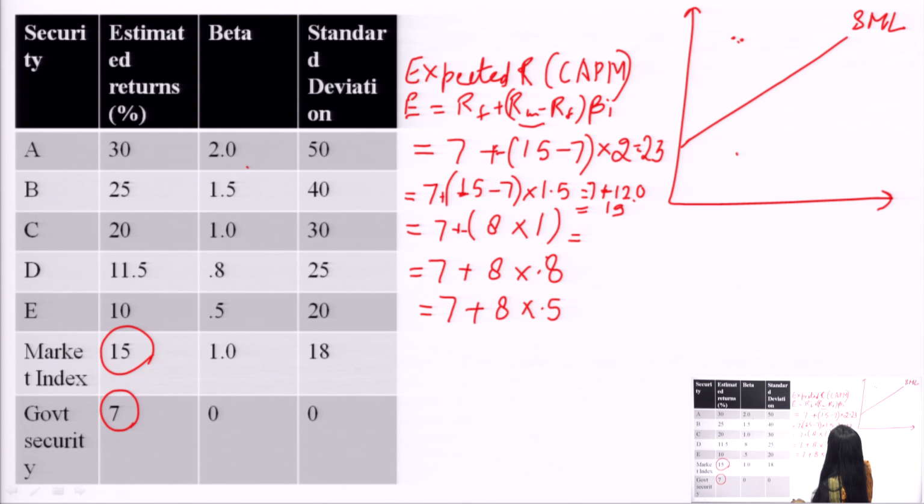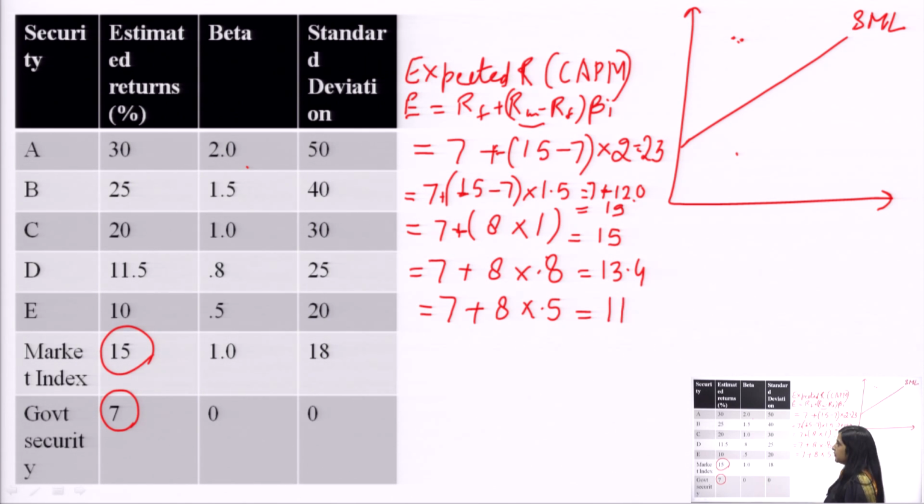Here we will get 7 plus 8, which is 15. Here we will get 7 plus 6.4, so it will be 13.4. Here it will be 7 plus 4, which is equal to 11.